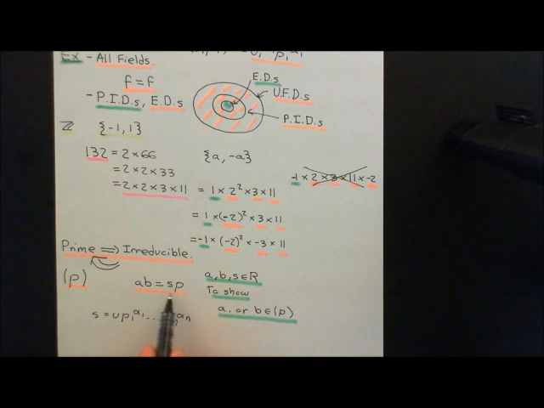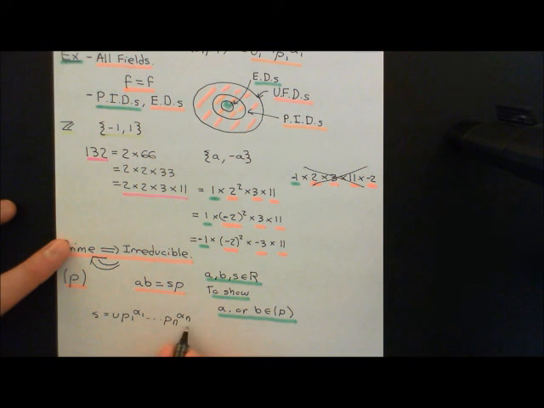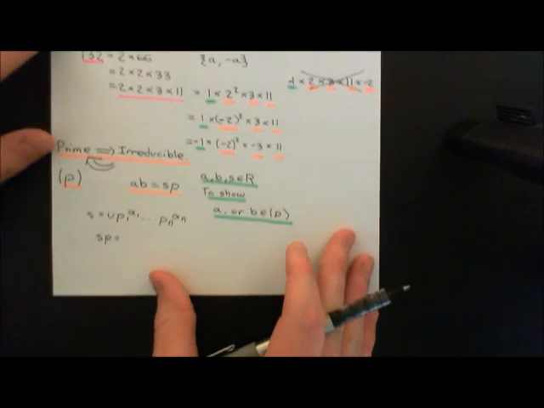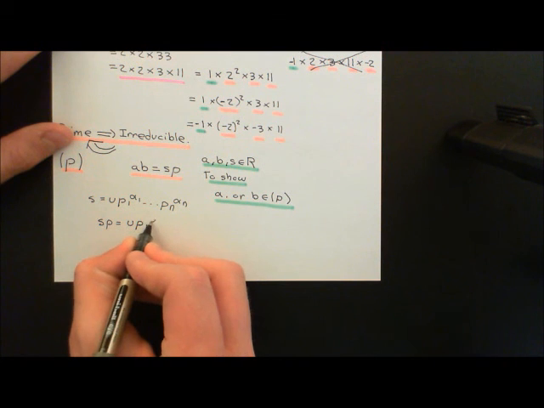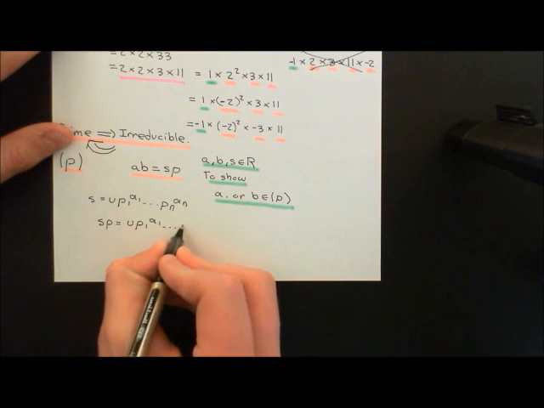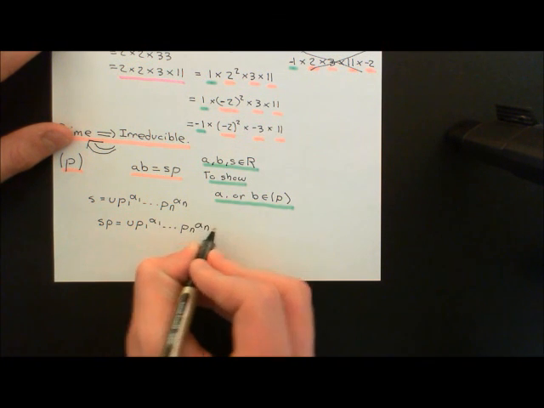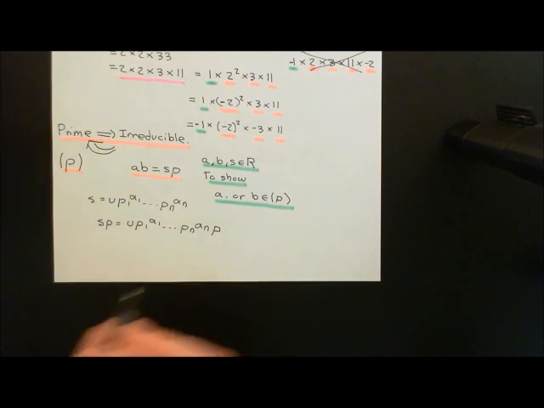The factorization into irreducibles of S times P is then just going to equal this multiplied by P. So S times P has factorization into irreducibles equal to this unit times P1 to the power of alpha 1, all the way along to Pn to the power of alpha n, and then you'll have P on the end.